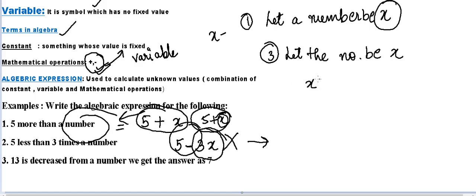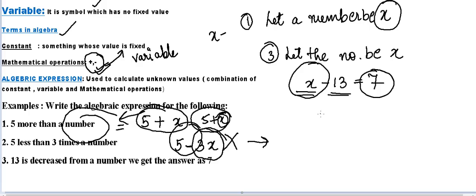x decreased by 13, I am getting the answer as 7. 13 is decreased from a number and we get the answer as 7. So what can this number be? This number is 20, as when I subtract 13 from 20, I get the answer as 7.